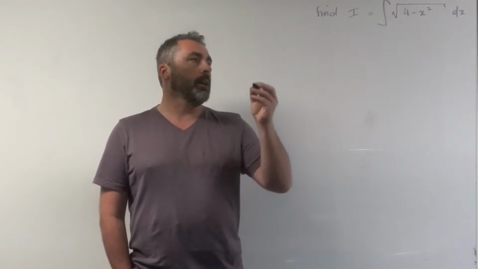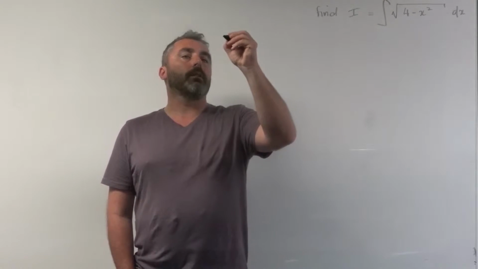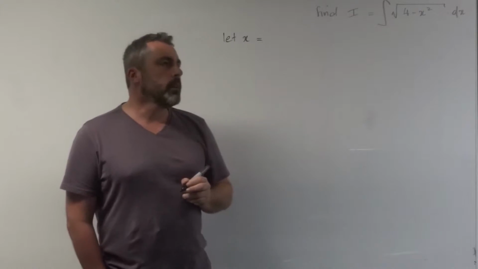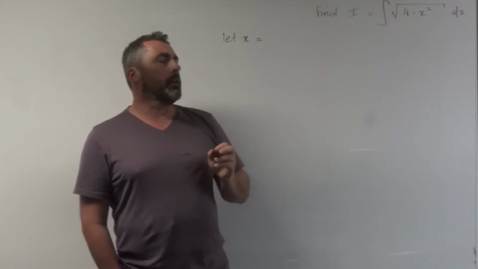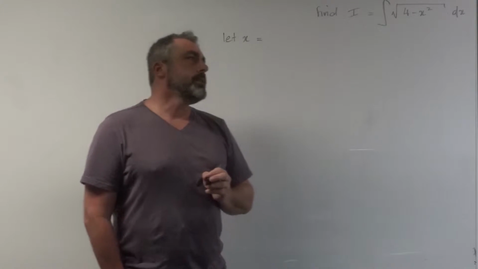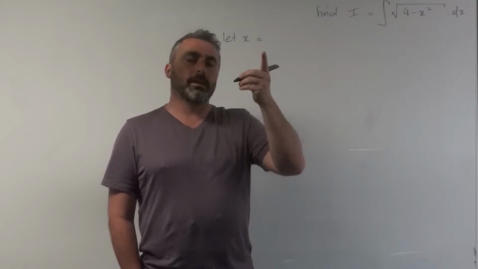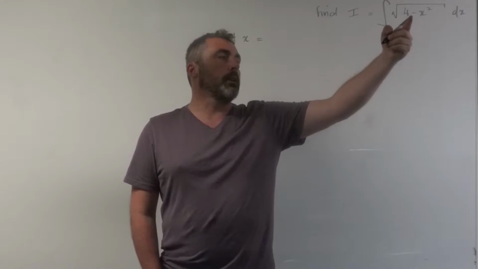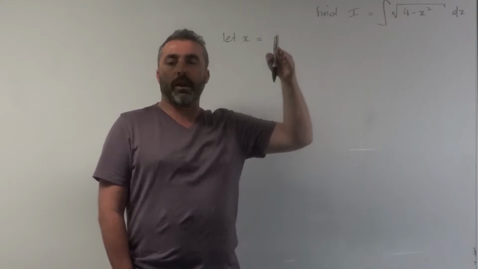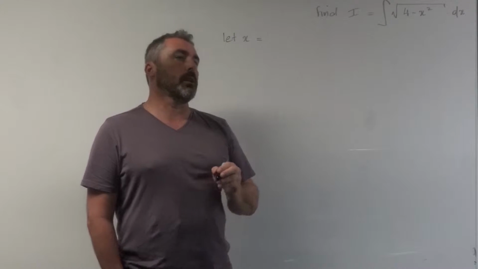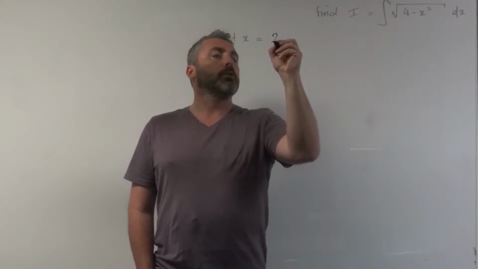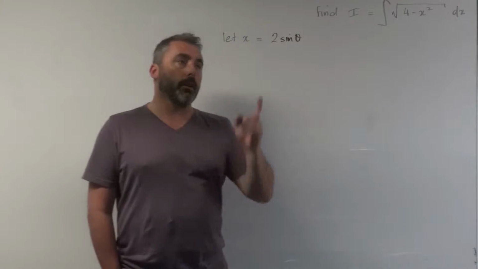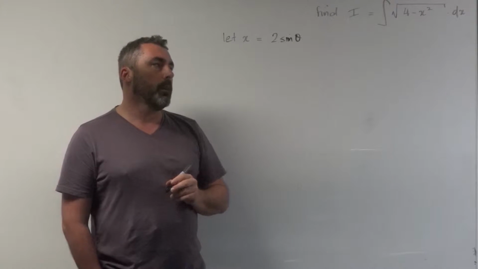Now we've got a 4 here, so I want to make sure that whatever I replace x with, when squaring it I end up with something involving 4, so I can take 4 out as a factor. So I'm going to say let x equal 2 sine theta. That way, when I square it, I'll get 4 sine squared theta.